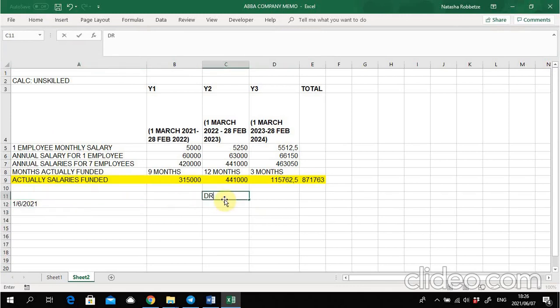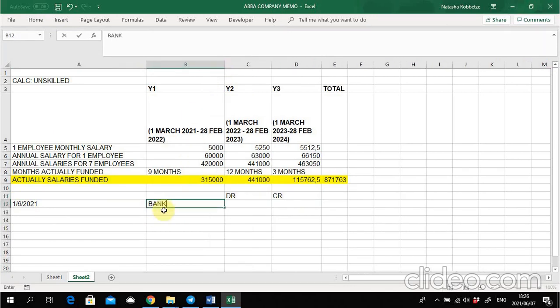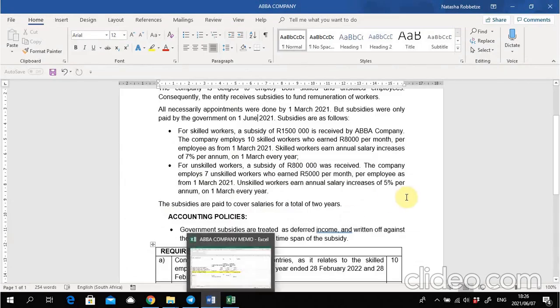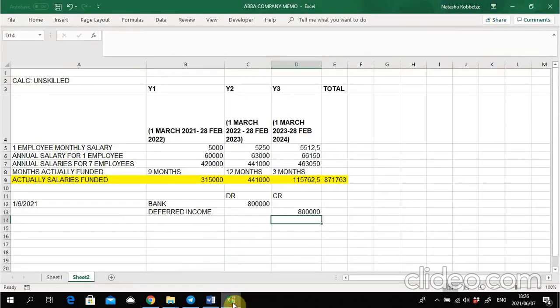And this is the day on which I receive the funding from the government. So I'm going to say I increase my bank account. I call it deferred income, as this is the policy. And we get 800,000 Rand for unskilled workers, I believe. So the 800,000, there it was given.